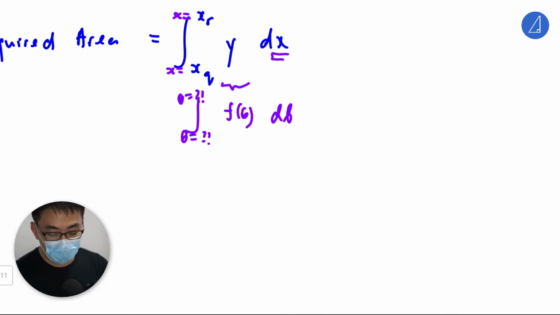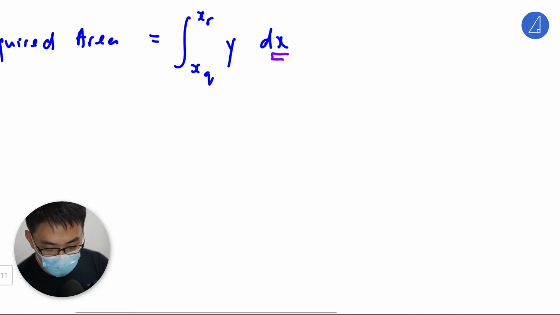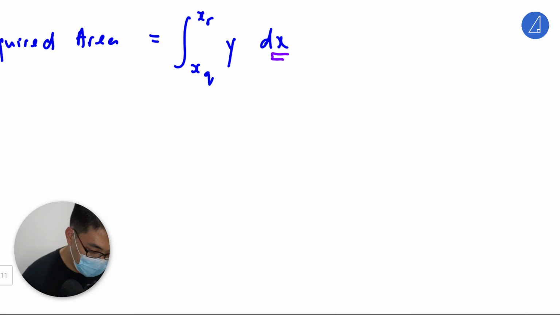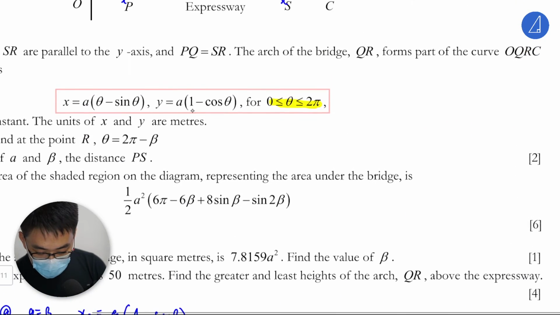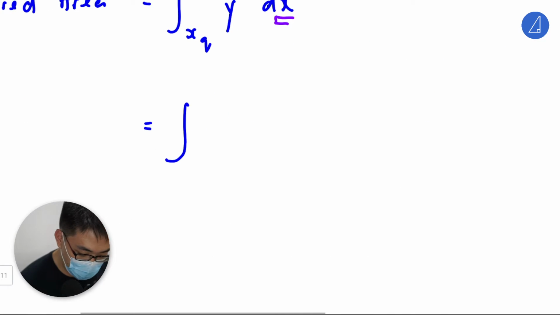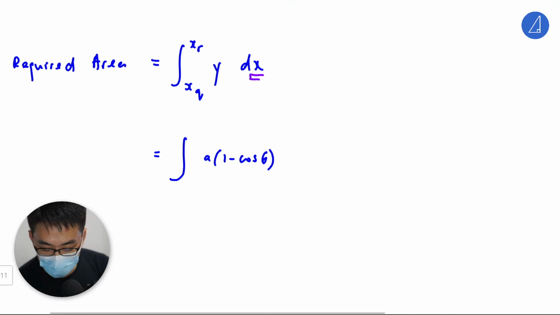Okay, so what we're going to do is let's do it slowly. This part here will be y. y is a(1 minus cosine theta). Then dx/d theta, because x is a(theta minus sine theta), we need to differentiate our x.